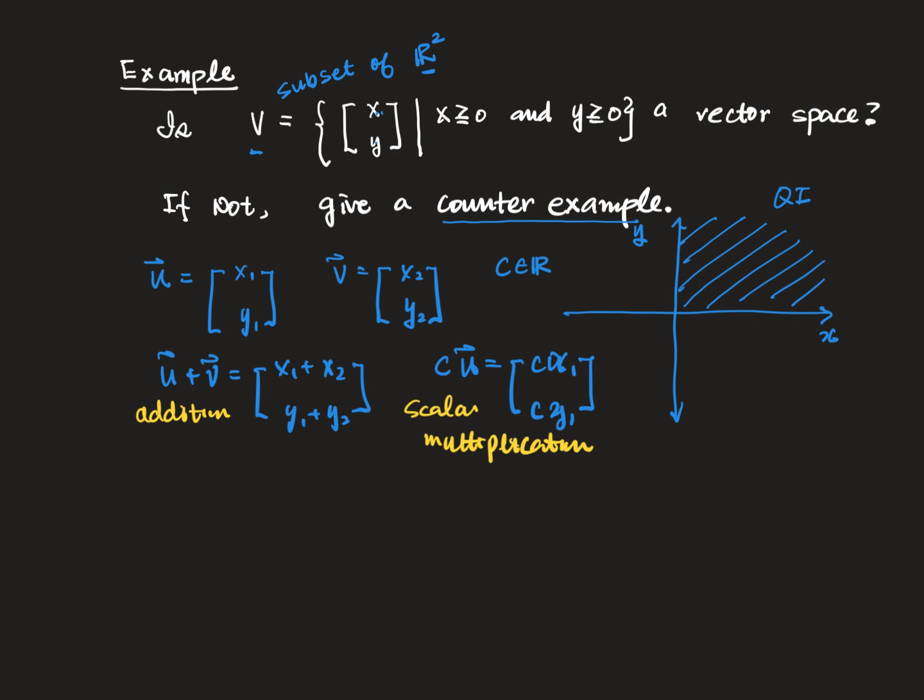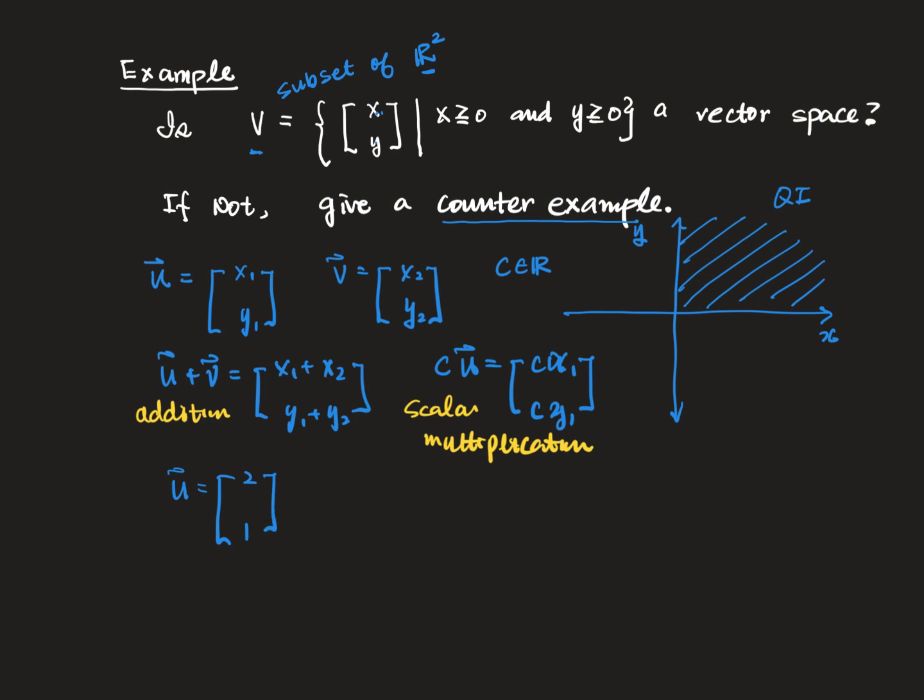It's a daunting job to prove all 10 axioms, but look at this one: you can simply give a counterexample for why V is not a vector space. Let's give one example. Can you think of one example? This cannot be a vector space. Okay, I'm going to give this one, guys. Vector u is (2, 1). Where is (2, 1), guys? Can you sketch it?